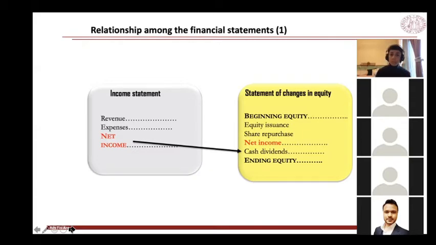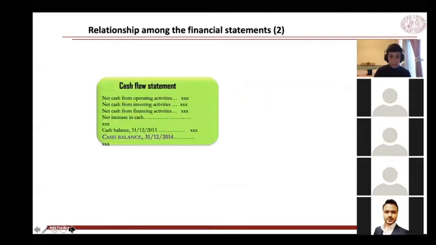For instance, it gives you the beginning equity, which is exactly the end of the year equity, because we assume that overnight nothing happens. Any equity issuance, any share repurchase, so any increase or decrease in shares in equity, net income, cash dividends, all computed give you the ending equity.